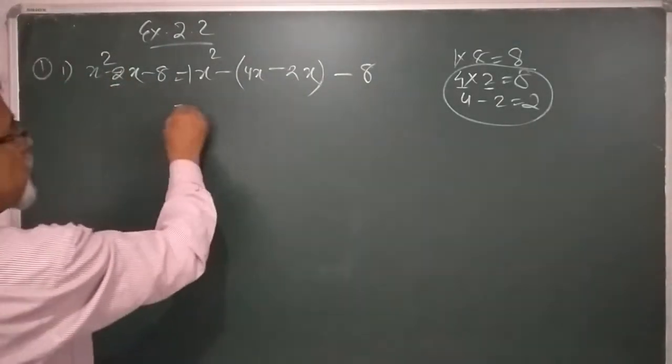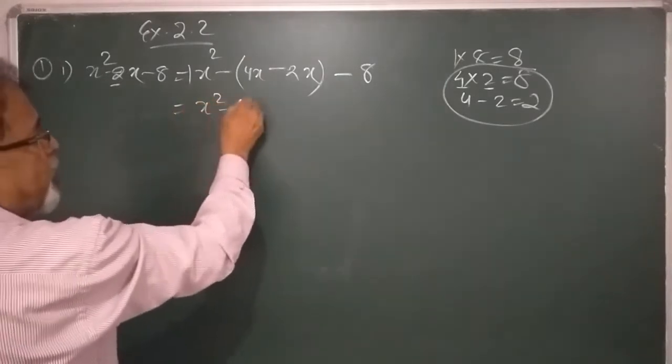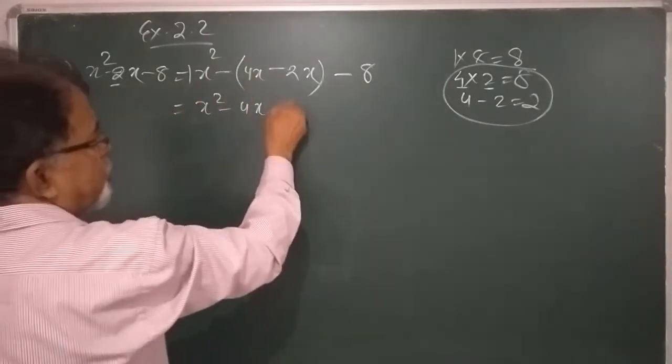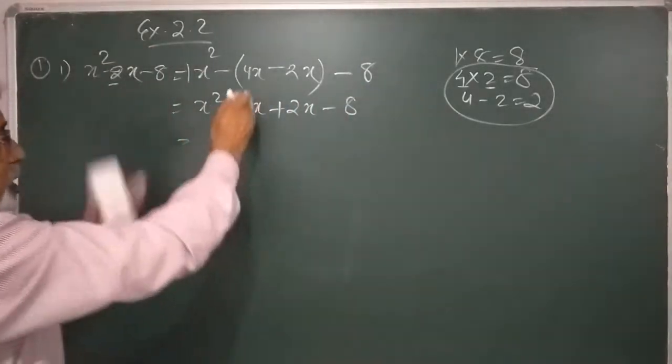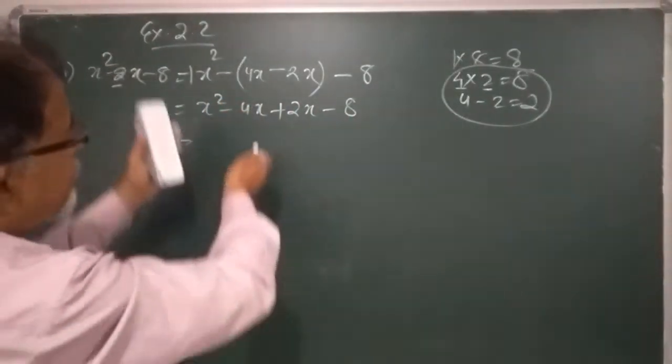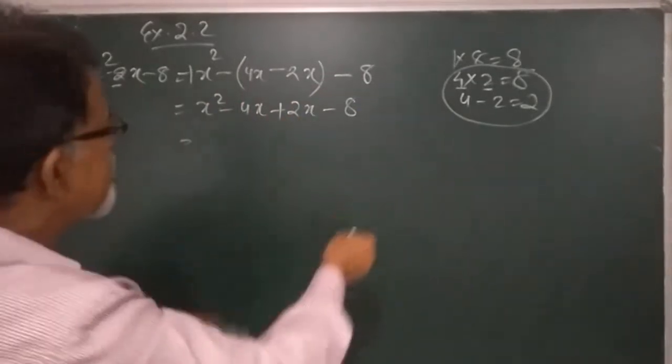Now let us remove the bracket. x square minus 4x plus 2x minus 8, and we will regroup the first two terms and the last two terms.